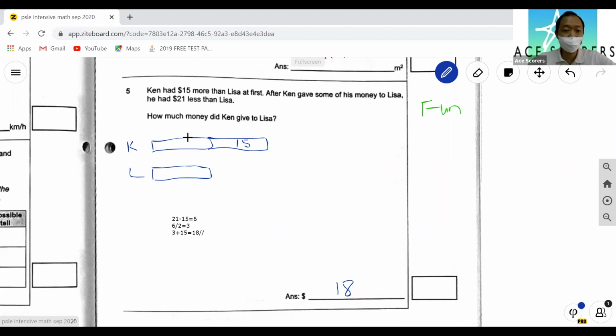So basically this part. You can also do it in 2 steps: 21 plus 15 divided by 2. Because they gave to each other, right? So this is 15. You chop off here, an additional 6.